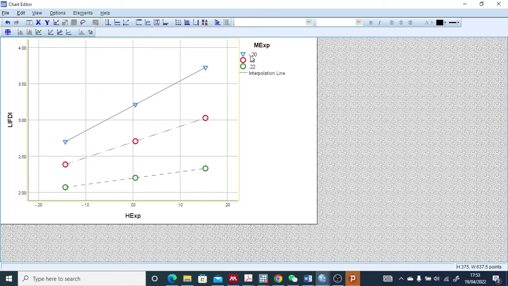At minus one standard deviation are those countries which spend least on the military, then at the mean are those in the middle, and 0.22 is at plus one standard deviation, and these are the countries which spend more on their militaries. So all these types of countries have been plotted here in the graph with three lines.